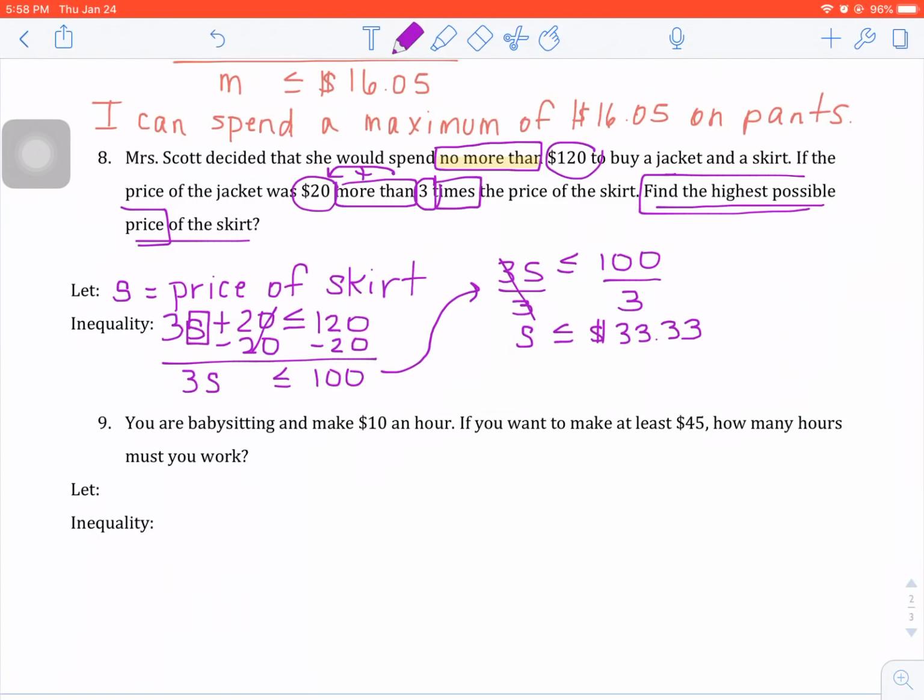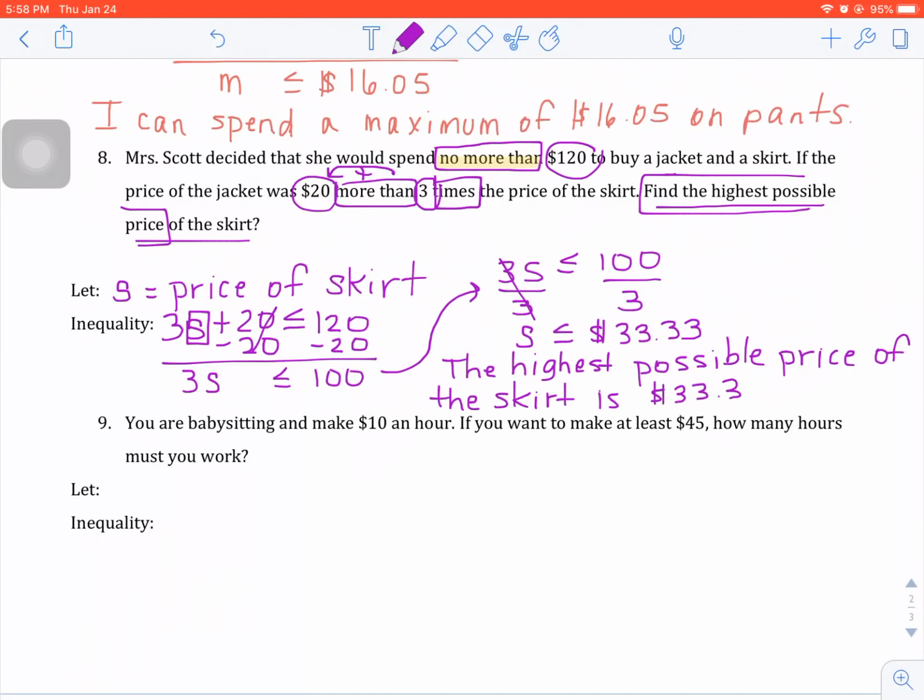And we could say the highest possible price of the skirt is $33.33.